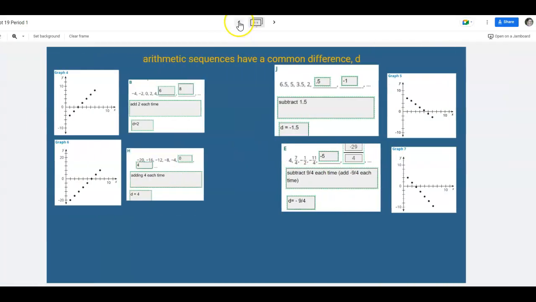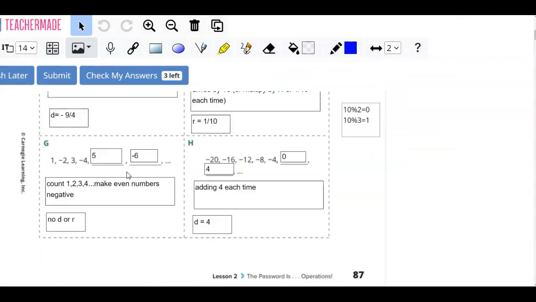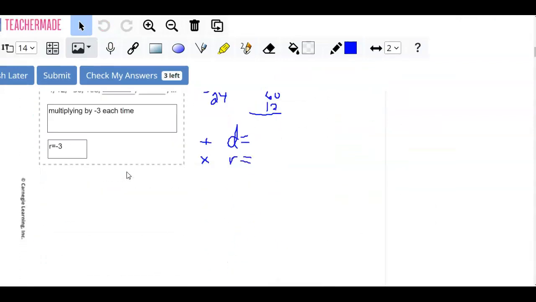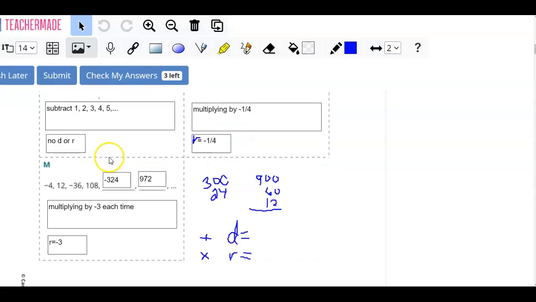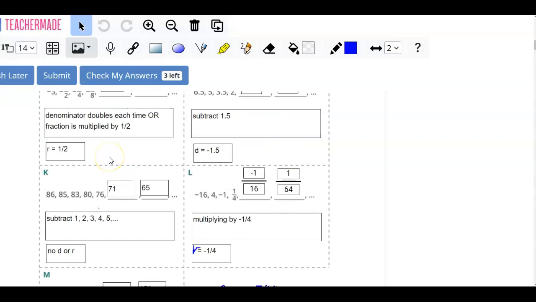So using the Jamboard slides, or using these pages on your assignment, what I'd like you to do next is glue or tape the cards and the graphs from your textbook onto the pages in your textbook in your notes.